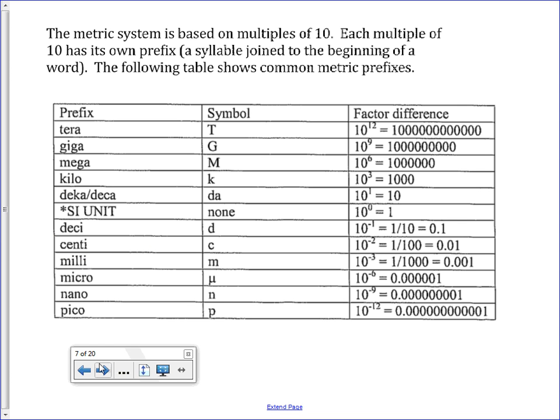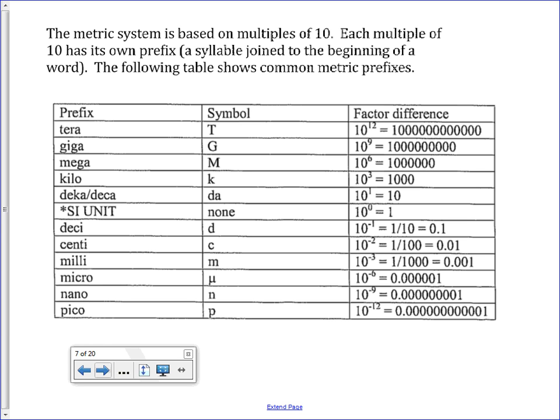So within the metric system, the metric system itself is based on multiples of 10 going between each prefix. Each multiple of 10 has its own prefix, so a syllable that is joined to the beginning of a word. And the following table shows common metric prefixes.